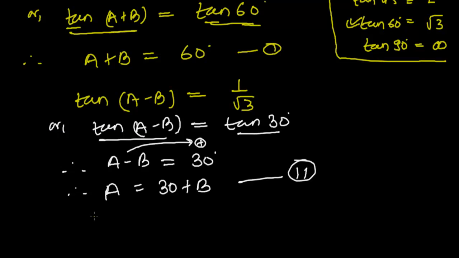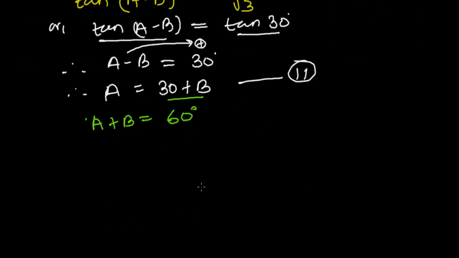So a + b is equal to 60 degrees. In the place of a I'm just writing 30 + b, replacing it. So 30 + b + b is equal to 60.